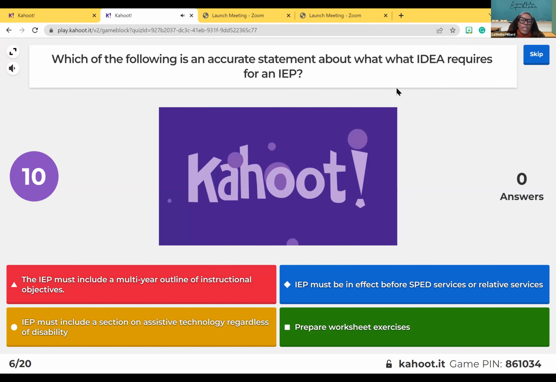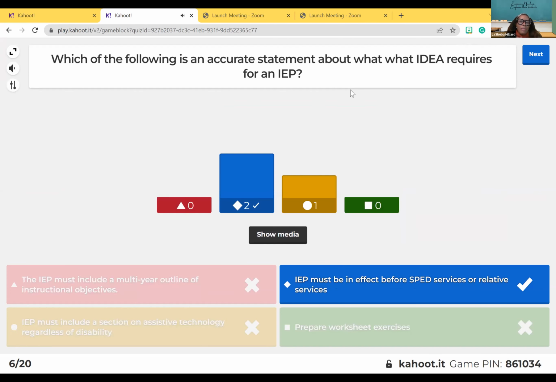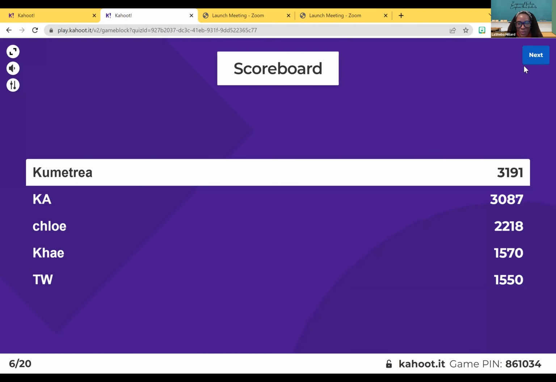So which one is an accurate statement for IDEA required for an IEP? Right, an IEP must be in effect before any type of services is in existence. I know sometimes principals push students into the SPED classes, but it should not be the case.